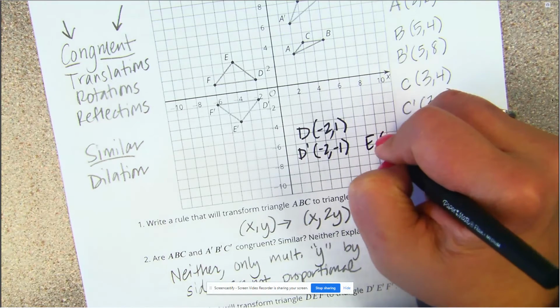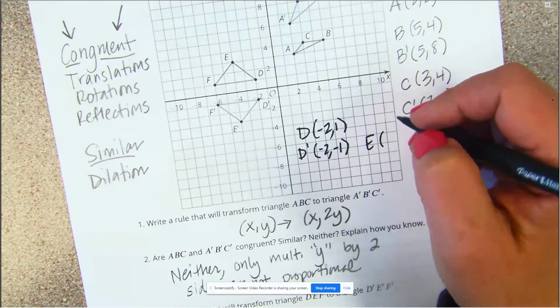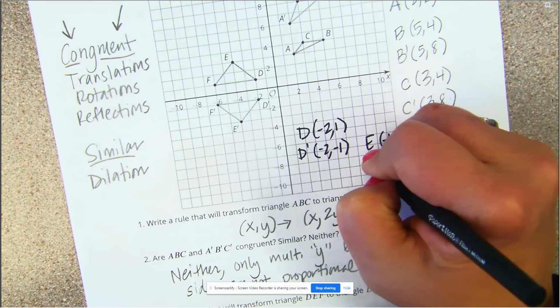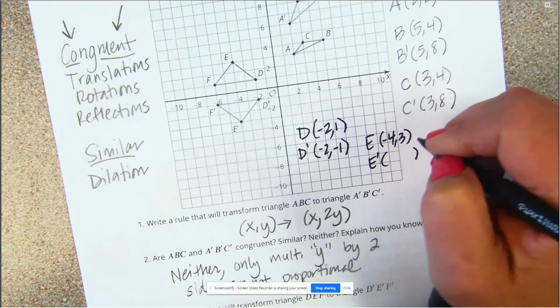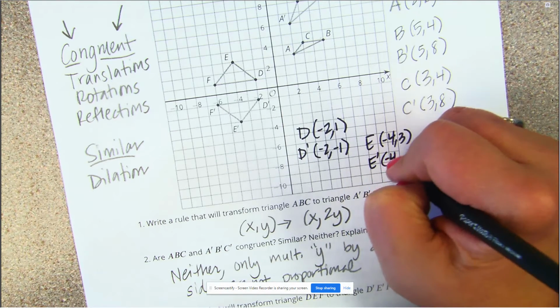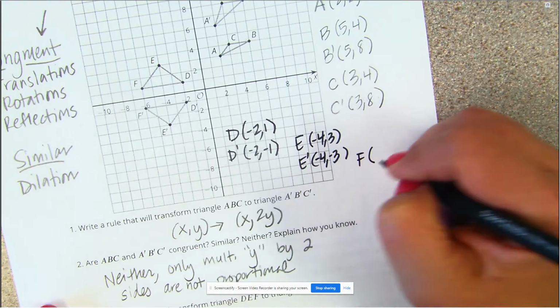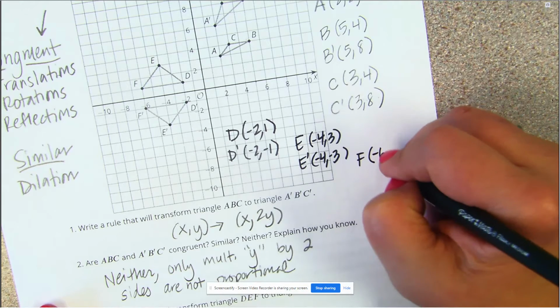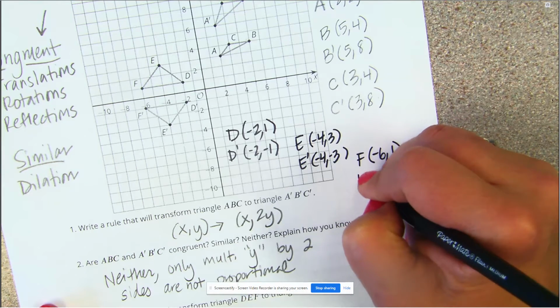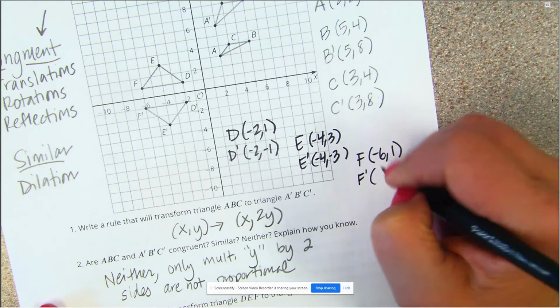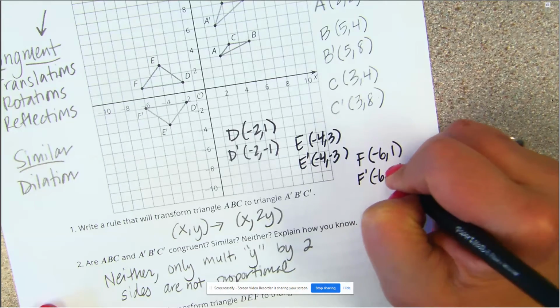E was negative 4, 3, and E prime became negative 4, negative 3. F was negative 6, 1, and F prime became negative 6, negative 1.